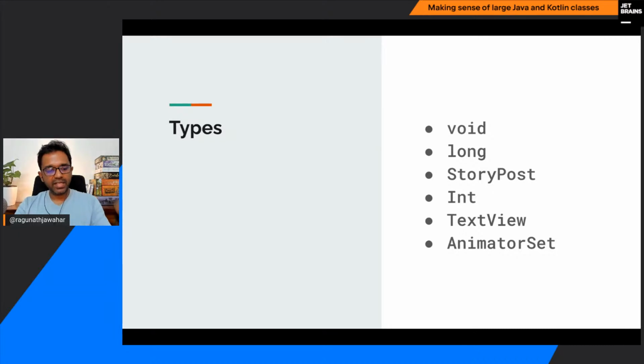So we have a bunch of types here: void, long, story post. Story post is a lot more interesting in this use case. So what we do is we take the types of fields. You have a field, then there is a type of the field, and when you look at a function signature, you have the return type and the parameter types. Those are the types that we are interested in. So we're just going to collect all of those types.